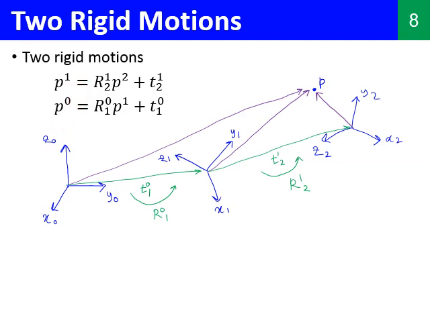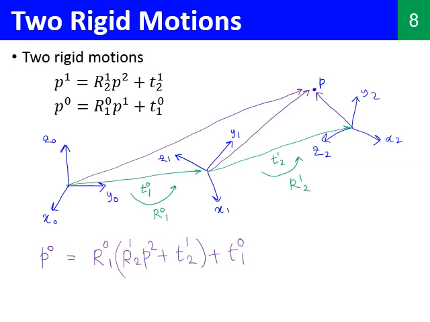Shall we do that now? Yes. So we can write P0 equals, I'm using the second equation, so I have R01, and for P1 I can substitute from the first equation, and I can write R12 P2 plus T12, and then I have T01 part.